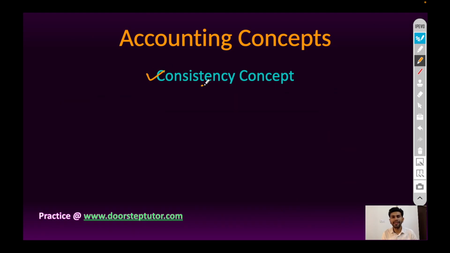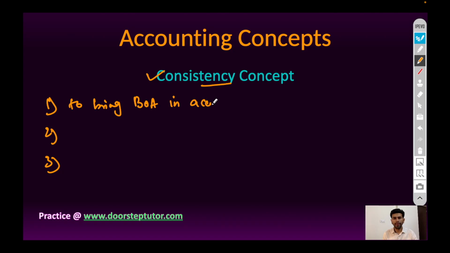Next is consistency concept. It means any policy adopted for accounts should continue and be consistent over a period of time. It need not be changed unless and until the situation demands. The accounting policy can be changed in the following three conditions. First, to bring books of accounts in accordance with accounting standard.